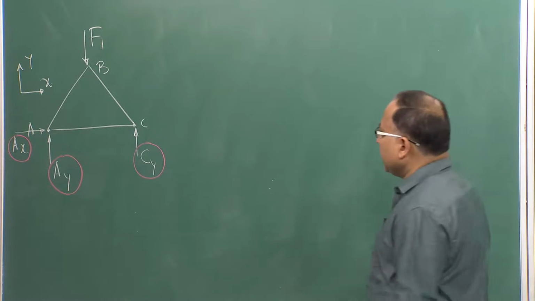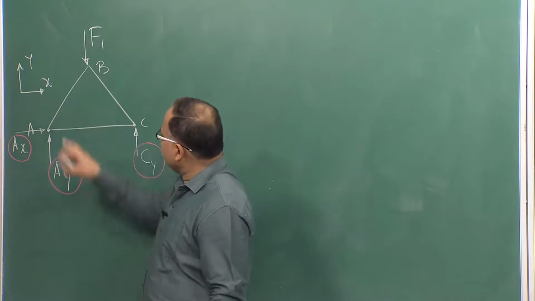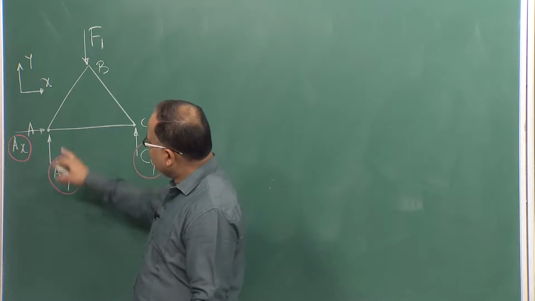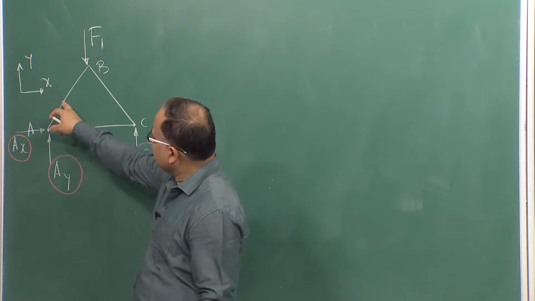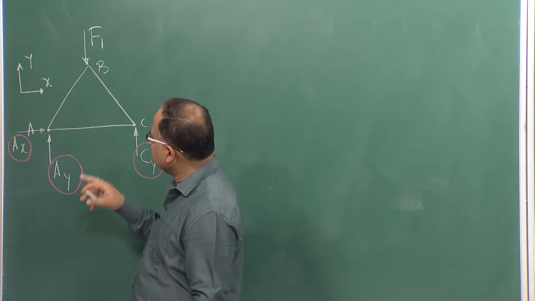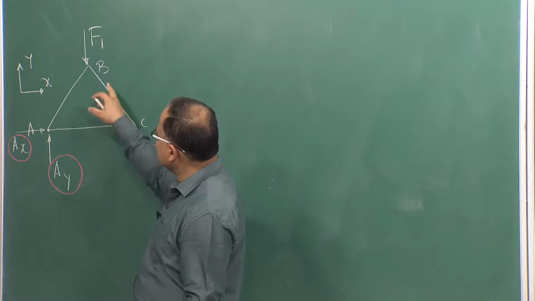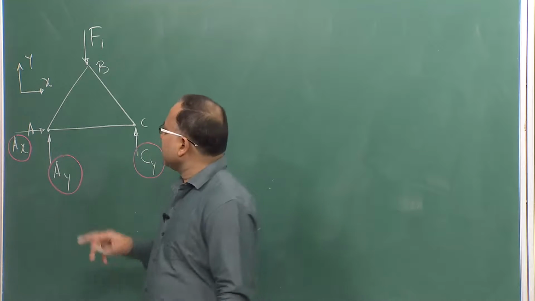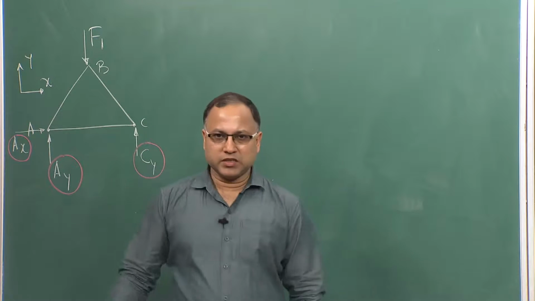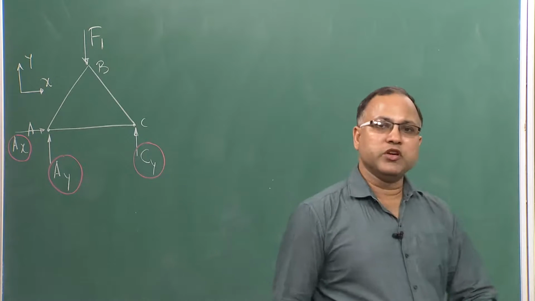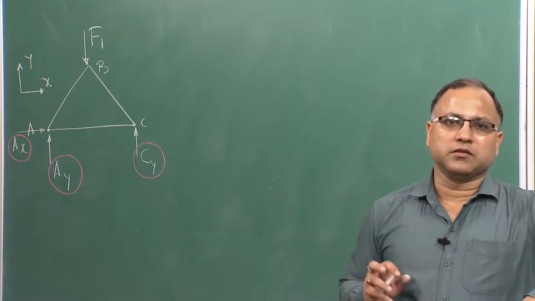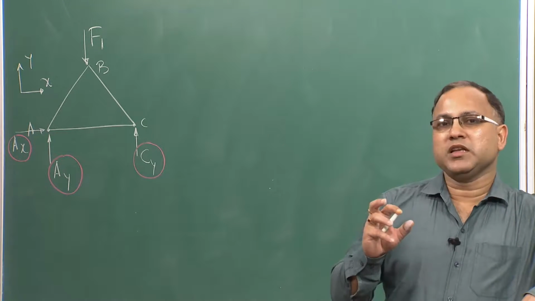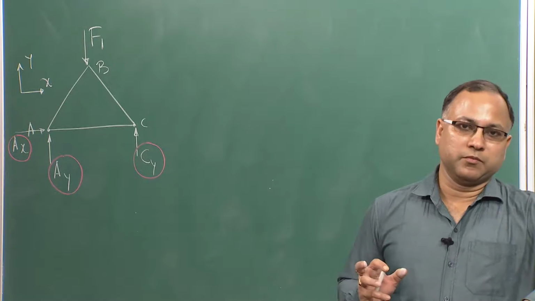Now, similarly, if you consider joint A, you have got member force in AB, member force in AC. Similarly, if you consider joint C, you have got member force BC, and member force AC is already obtained. So, all the forces in individual members have been obtained, just by exploiting the equations of equilibrium.